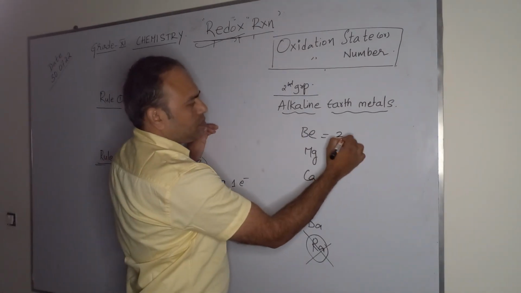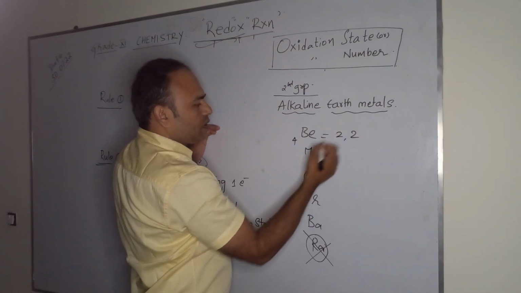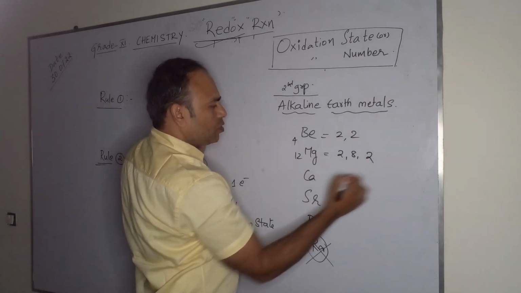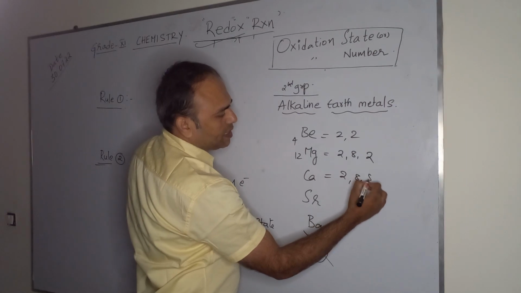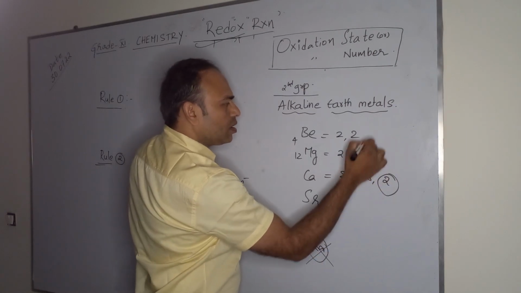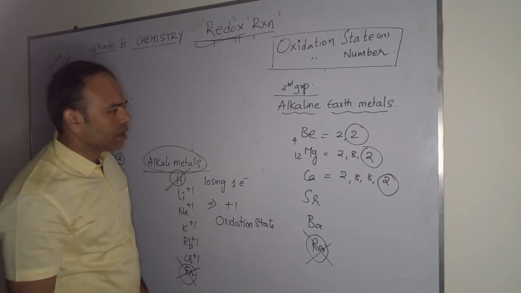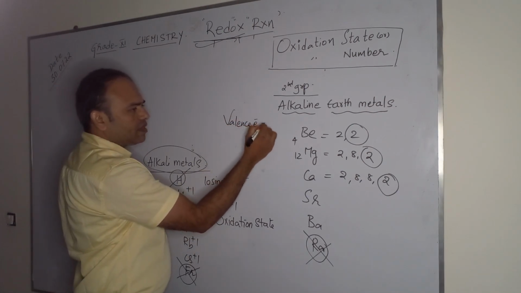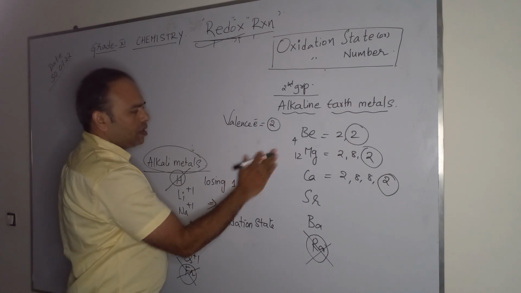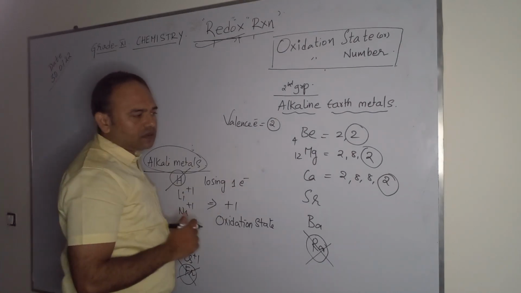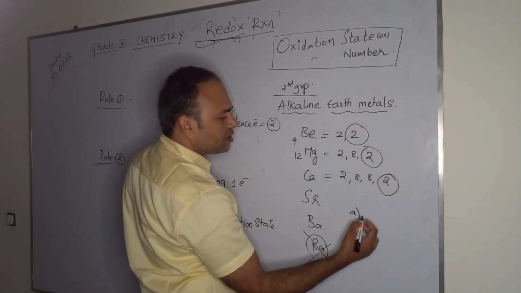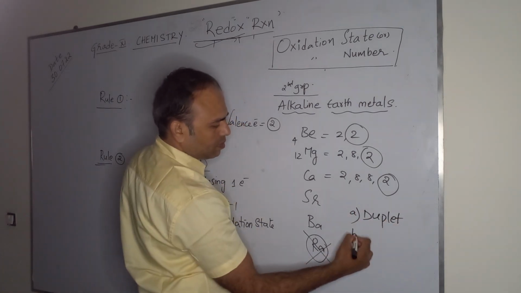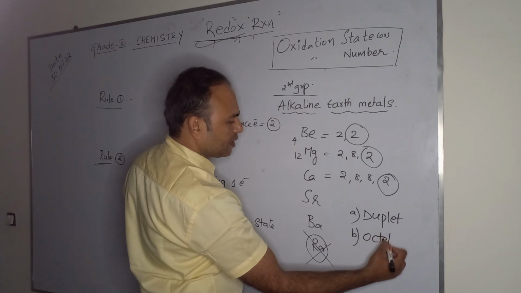Now with atomic number 4, the configuration is 2,2; next with 12 it can be written as 2,8,2; next becomes 2,8,8,2 and so on. So what you will see here? We will see that the valence electrons are 2 here. Now again, what are the 2 states of stability? Number 1 duplet and number 2 octet.